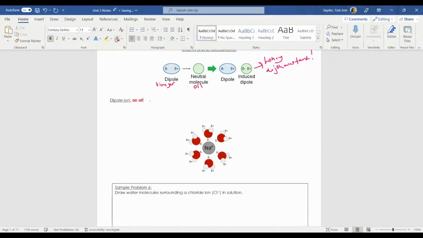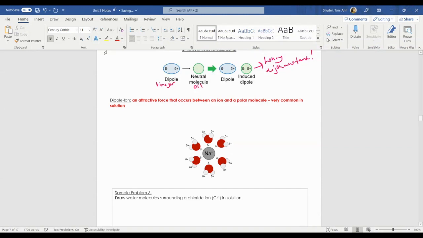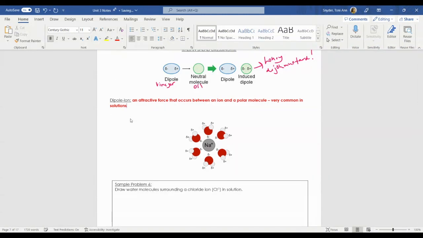So a dipole-ion is an attractive force that occurs between an ion and a polar molecule. And this is going to be very common in solutions. If I make, for example, a salt solution, the force of attraction that holds those salt ions next to those water molecules is a dipole-ion.